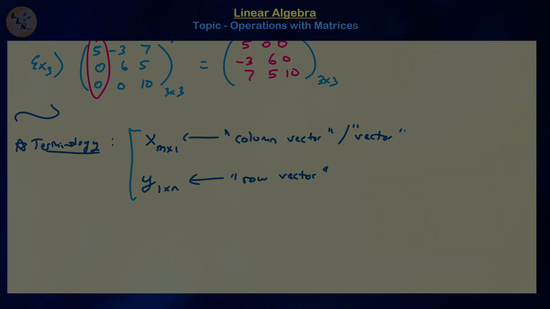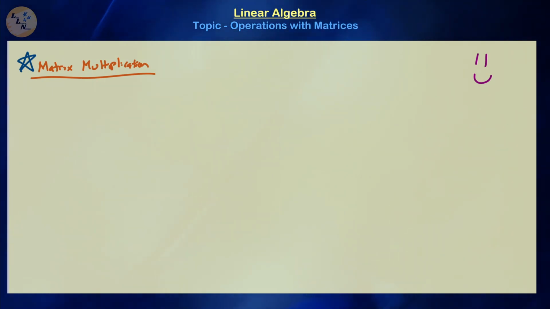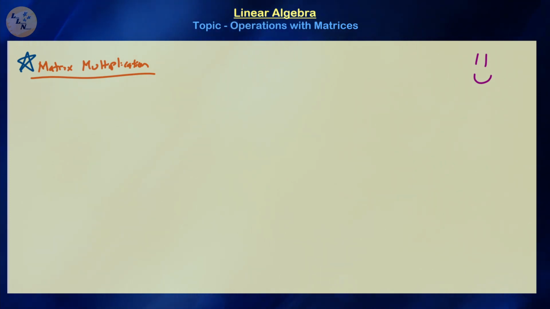We're going to be working with column vectors and row vectors a lot later, but at least be familiar with the terminology here. Now the next operation between matrices that we're going to discuss is matrix multiplication, which is sometimes a little bit difficult at first when you're not totally familiar with it.